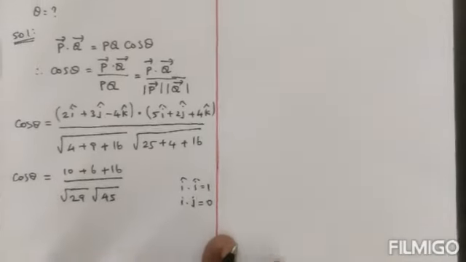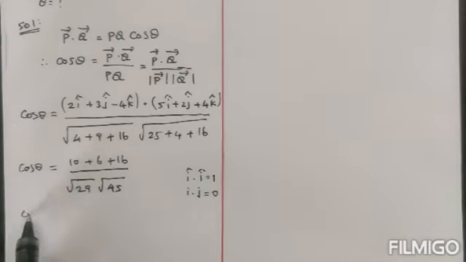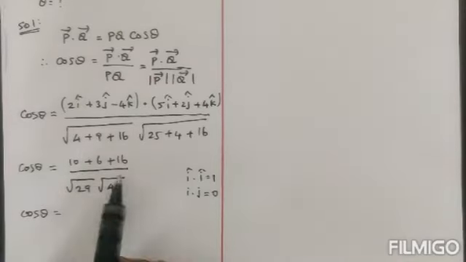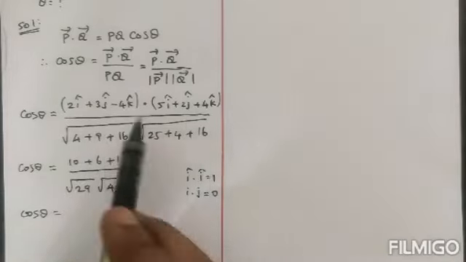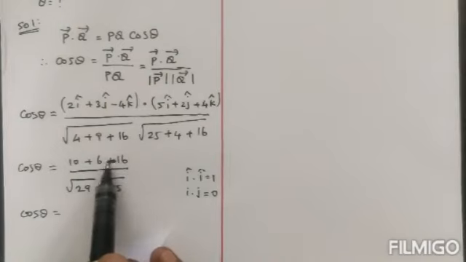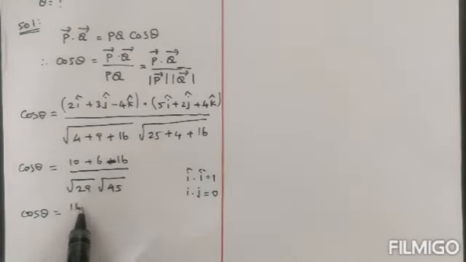Therefore the next step is cos theta is equal to 10 plus 6 minus 16, divided by root of 29 into 45.